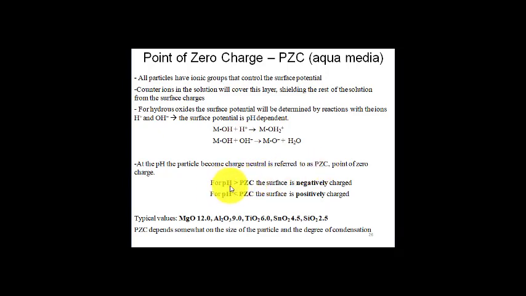For pH greater than the point of zero charge, the surface is negatively charged. For pH less than the point of zero charge, the surface is positively charged. So you can see from here, if the pH is less than the point of zero charge, then there will be more hydrogen ions and the surface is positively charged by this cation.